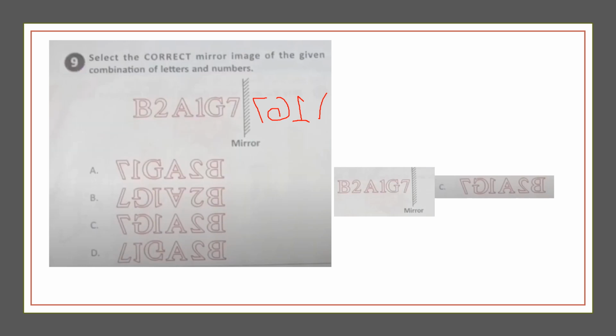A will remain mostly the same. Then 2 will be like this and B will be like this. So if you see, this figure matches with option C. So our answer is option C.